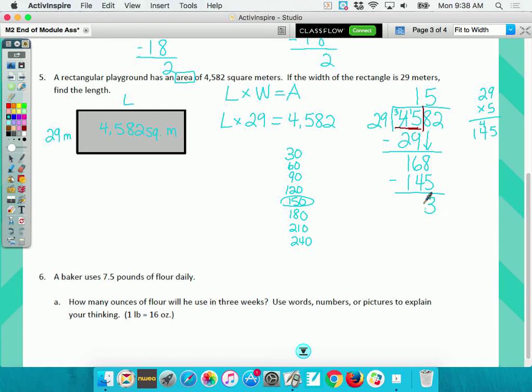Okay. Now I'm going to bring down my 2. When I did this in block 1, I tried a 7, and it wasn't big enough. So let's try an 8. 29 times what? 8. Just a minute, don't tell me what it equals. I want to do it. Did you? Okay. What'd you get?